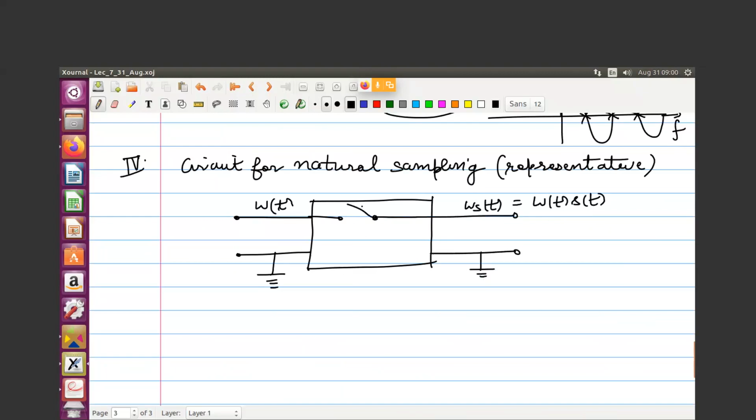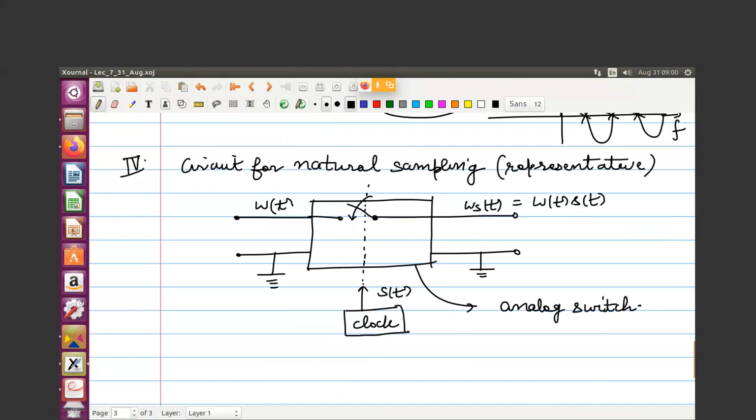This is an analog switch, and its on and off is controlled through a clock signal. We represent this clock signal as s(t). So this is a representative circuit. This is an analog switch.